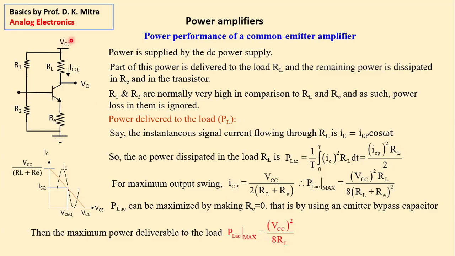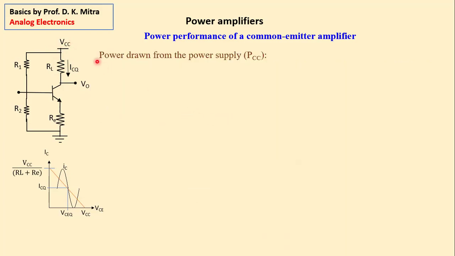The maximum power that can be delivered is V_CC square by 8 R_L. That means it depends upon the voltage and the load resistance. So this was the power delivered to the load. A few steps we have to find out. One step is power delivered to the load. The next step is power drawn from the supply. How much power is drawn from here?